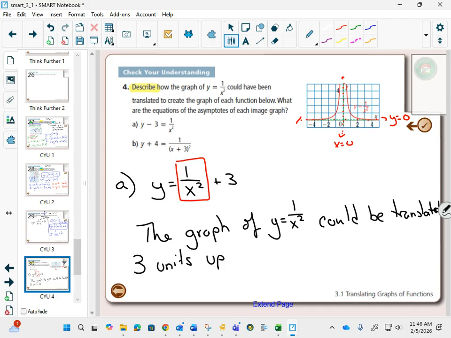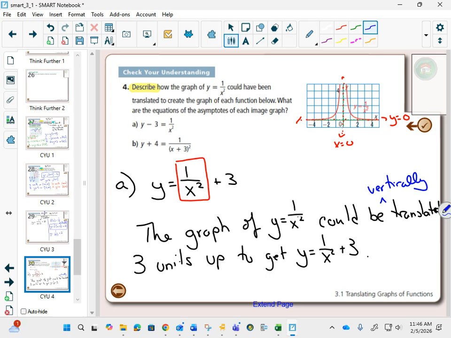The graph of y equals 1 over x squared could be translated 3 units up to get this. That would get full marks on this question. If I wanted to be even nicer, I really want to show I know good language.